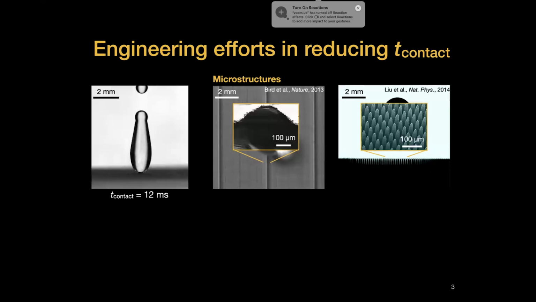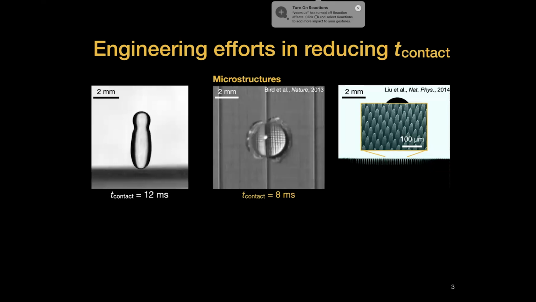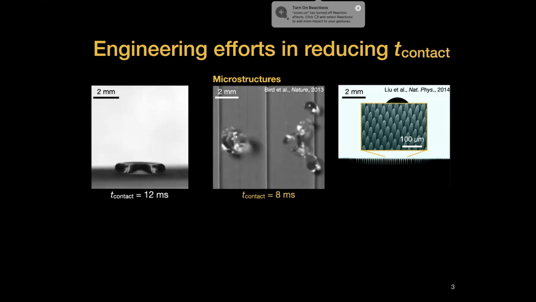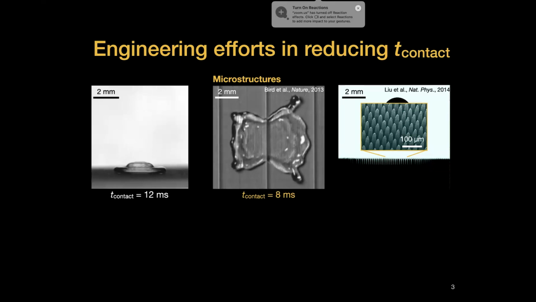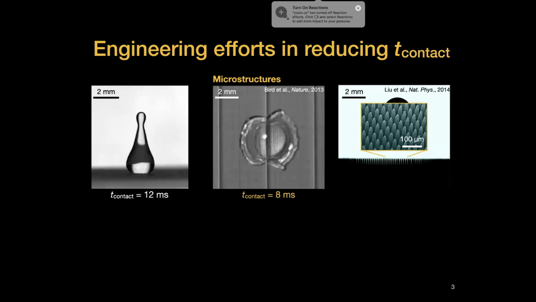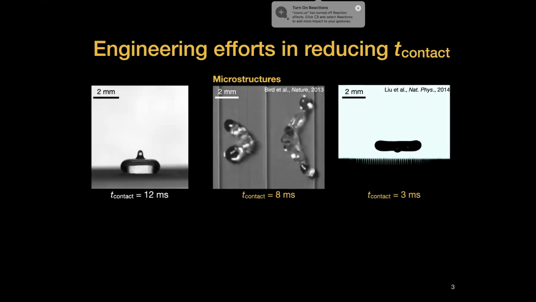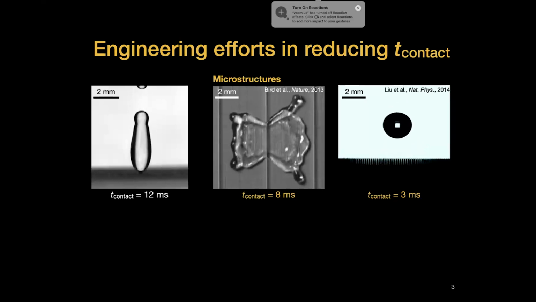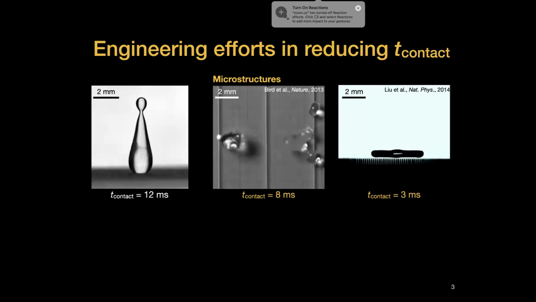With a raindrop impact, you see it spread and retract by surface tension, and it just bounces off. Another thing people have studied is a line structure, where the impacted drop breaks into pieces and reduces the contact time, about a 30% decrease. With a high aspect ratio needle-like structure, you can decrease the contact time further, to 3 milliseconds, which is a very short contact time.